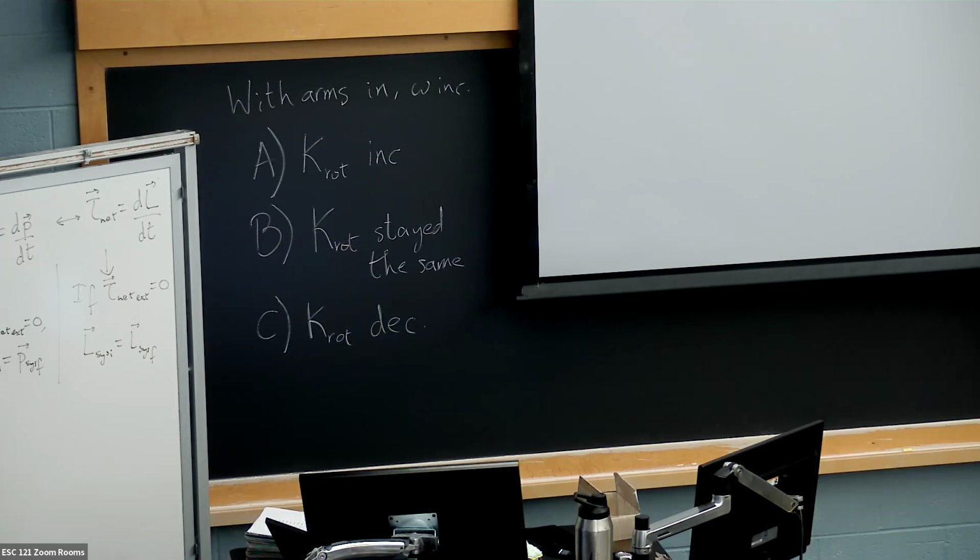A more rigorous way would be to look at another formula for K rotational. Just like K translational was 1/2 mv squared, we also had it as p squared over 2m, just recasting v in terms of p.